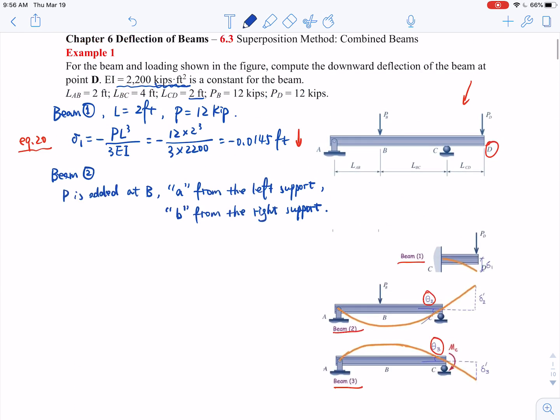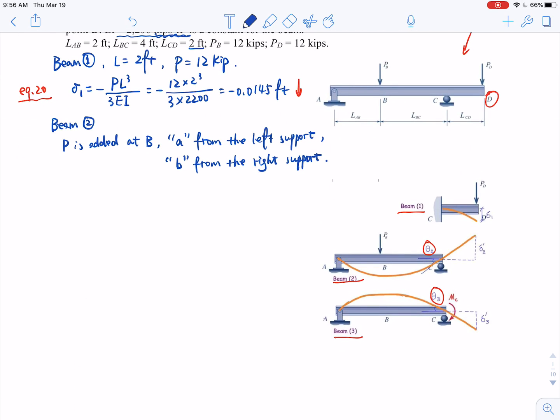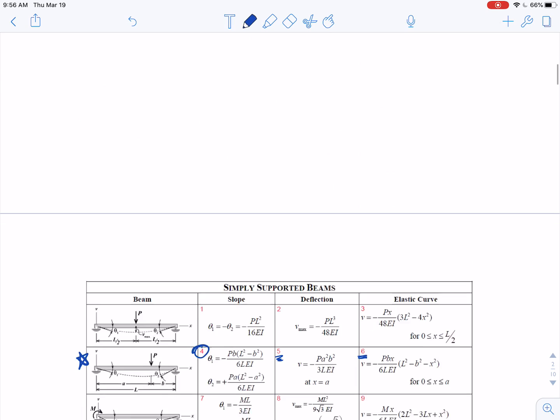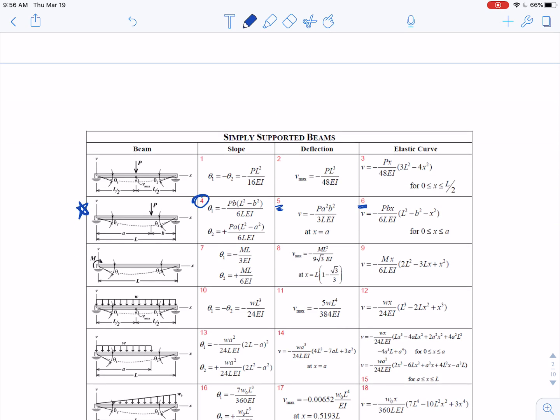As we are calculating the slope at point C, this is theta 2, this is C, the far end. You have two equations here, so we should select this equation, which is for the far end. It's a positive slope.